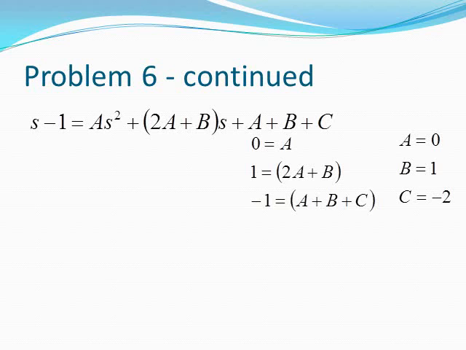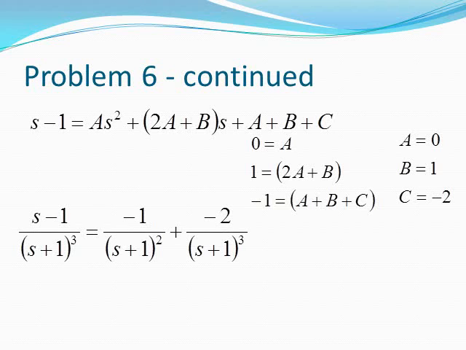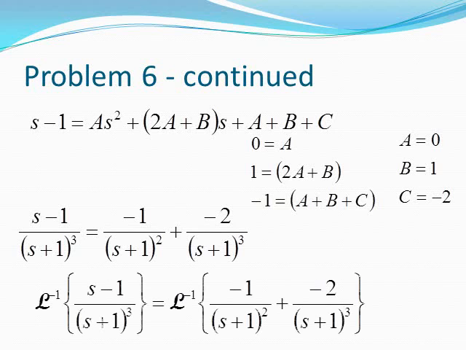And so now I can take those constants and plug them back into my partial fraction determination. And so now I have an equivalent representation of fractions, and I can take the inverse Laplace transform of this function now. So let's do that.